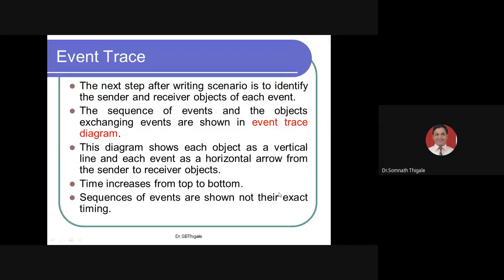So what I'm trying to show here is a diagram in which we see which event occurred at what time, or what is the sequence of events. To understand that, we must be able to identify that particular event, and the process to identify that event we call the event trace. And that can be represented in a diagram also.